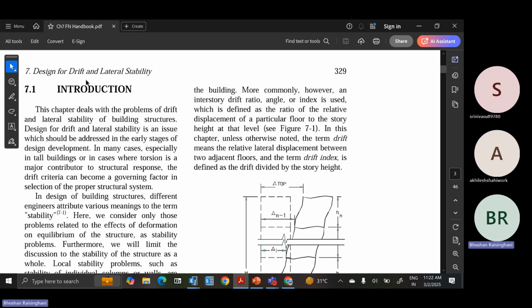As per IS 456-2000, P into delta divided by the story shear V into story height H, this ratio, P delta divided by story shear into height, should be less than 0.04. Now, if this ratio is not less than 0.04, then the frame is a sway frame with respect to that particular condition.